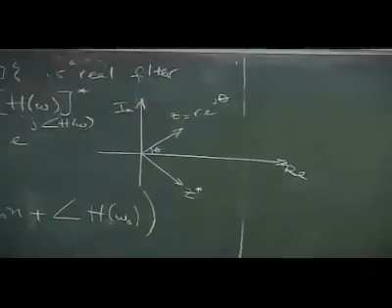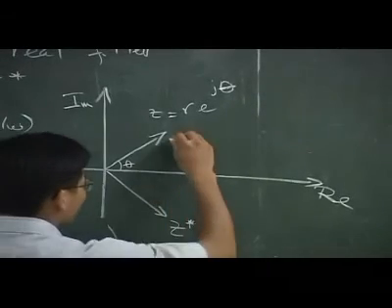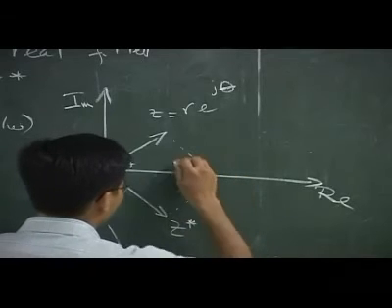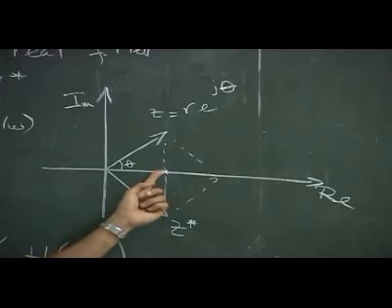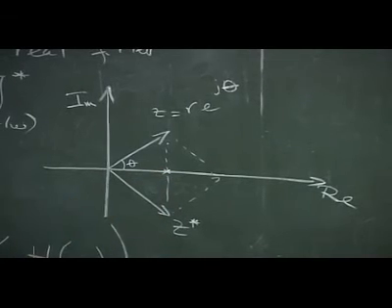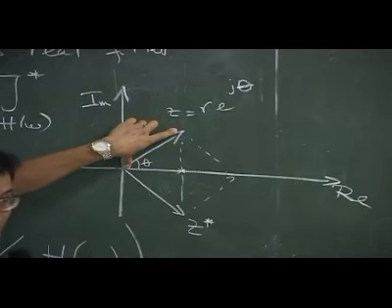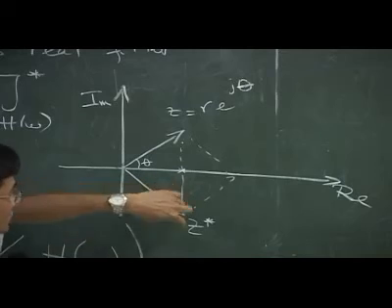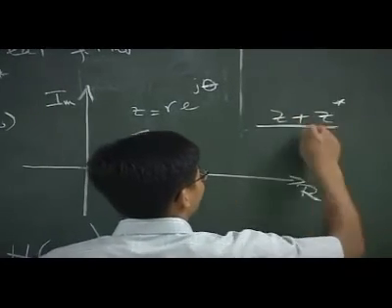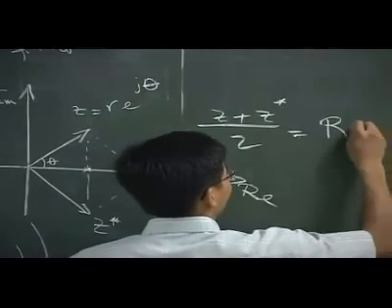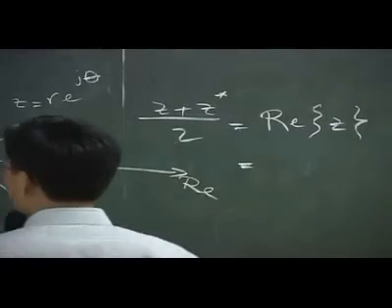When you add these two numbers together, you get these two vectors, and you divide by 2. So what you get out is the real part of this complex number. Z plus Z complex conjugate over 2 equals the real part of Z. And what is the real part of Z?